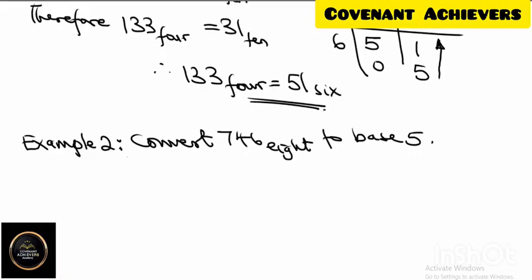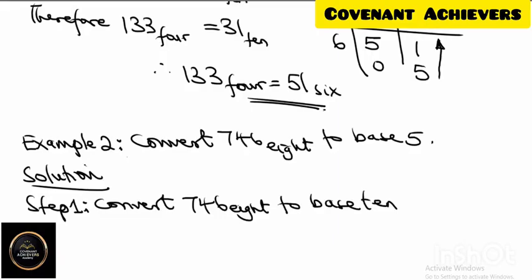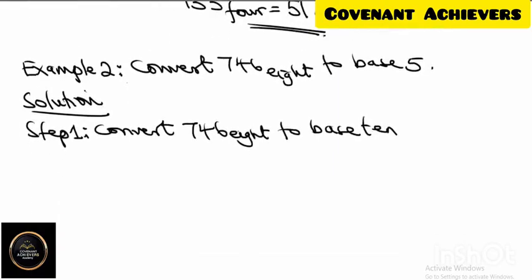Same thing as what you have done over there. Let's see what we have for the solution. Step 1 is to convert 746 base 8 to base 10, and we are doing that by expansion.